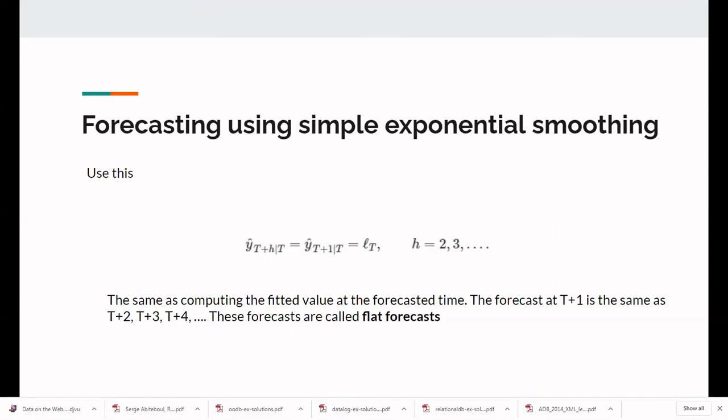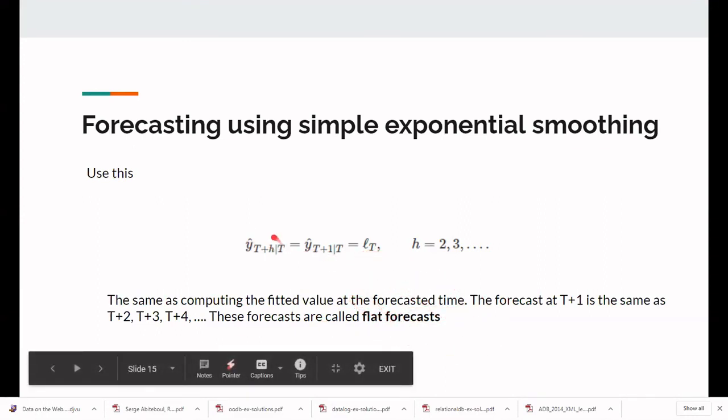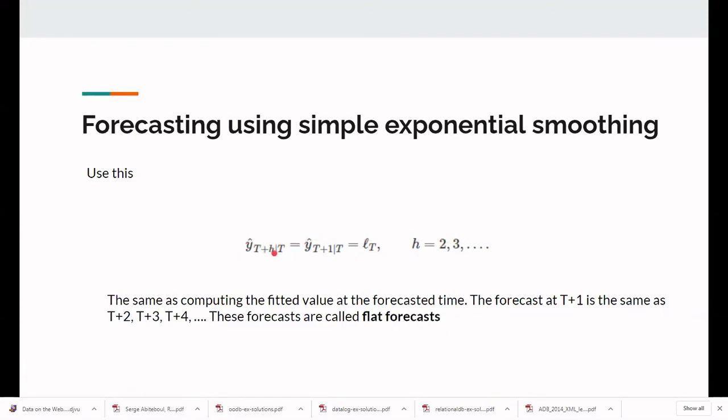Ang tawag natin dyan ay flat forecast. Because for any horizon h, the forecast is the same lang sa t plus 1. So kung mag-forecast ng value for tomorrow, it will be the same forecasted value for the day after tomorrow, and the day after that. The same lang. Walang mabago. Kaya yan yung idea ng flat forecasts. Okay?